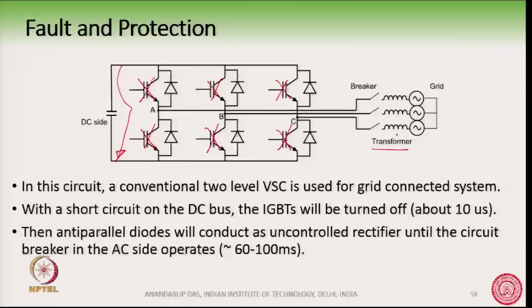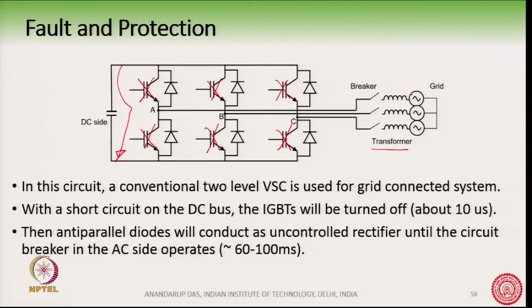Okay. So, that is why I have represented the transformer by an inductor here, because it is the leakage inductance of the transformer which will limit how fast the current is rising.